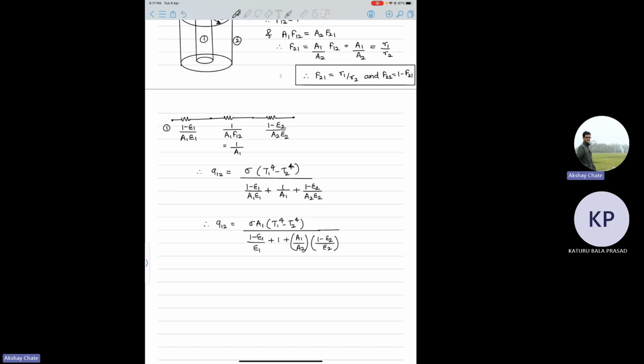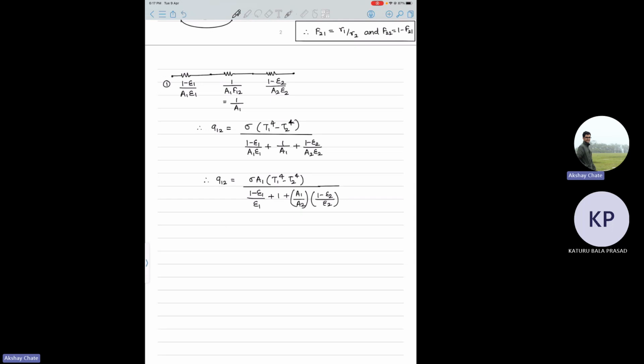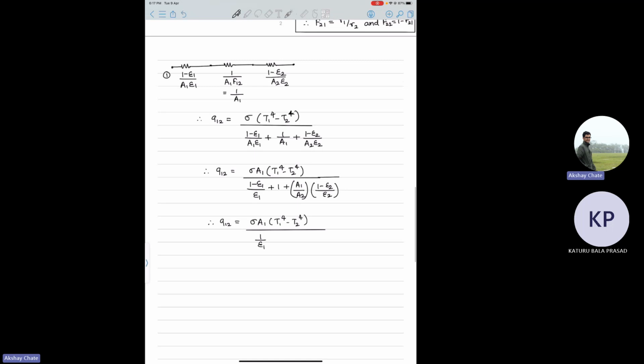I hope this is not confusing. It's just a simple manipulation. And then if you separate this fraction into two terms, this one will get cancelled, and therefore you'll end up with Q1 to 2 as sigma A1 (T1 to the power 4 minus T2 to the power 4) divided by 1 by epsilon 1 plus (1 minus epsilon 2) by epsilon 2 into A1 by A2.